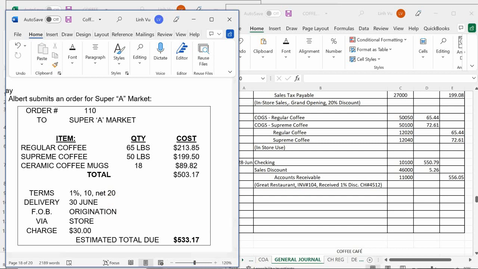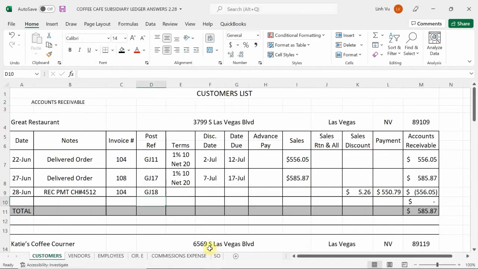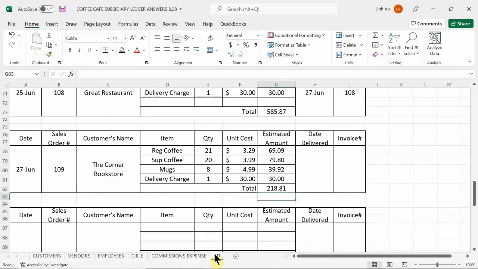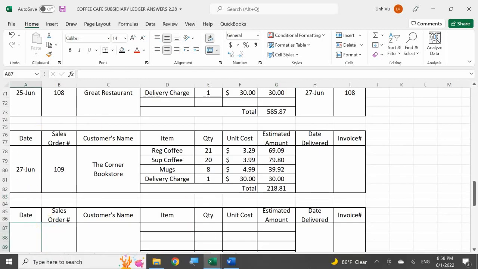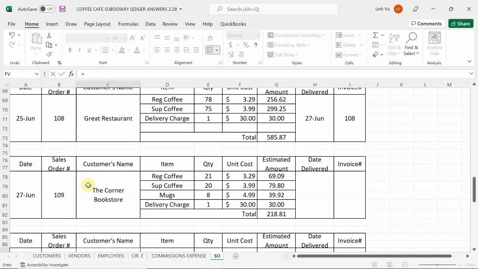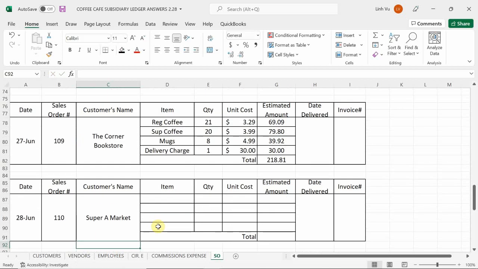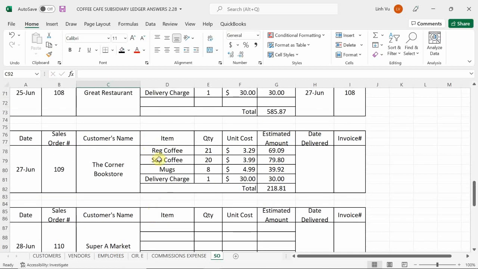So all I have to do is update my sales orders for the sales order number 110. So it is 628, sales order 110 to Super A Market. Okay. What are they going to buy from us?